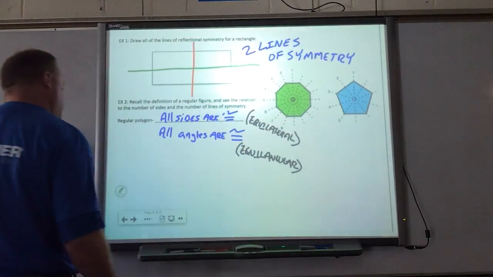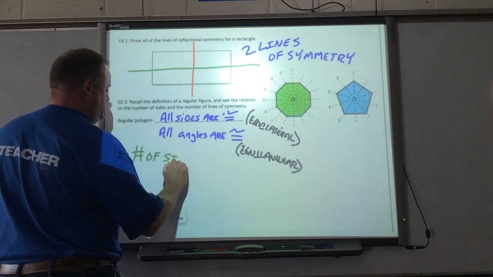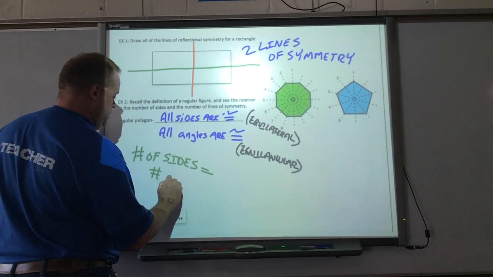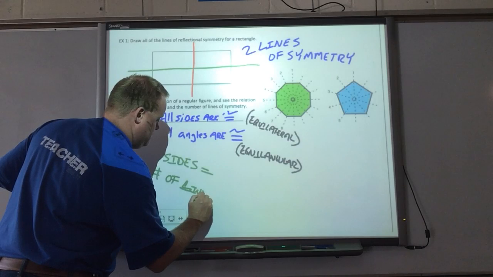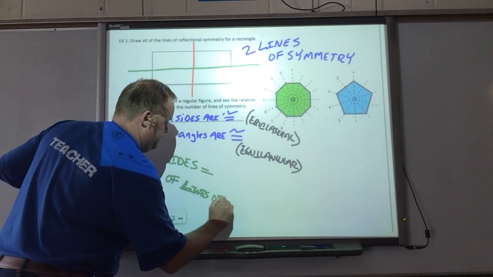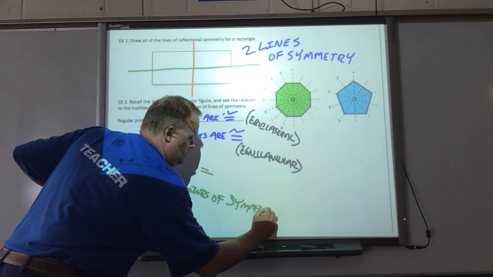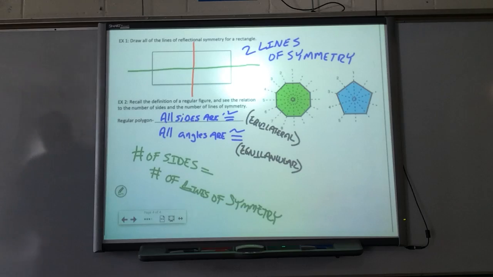I'll put it in green. The number of sides equals the number of lines of symmetry. Okay, so number of sides equals the number of lines of symmetry.